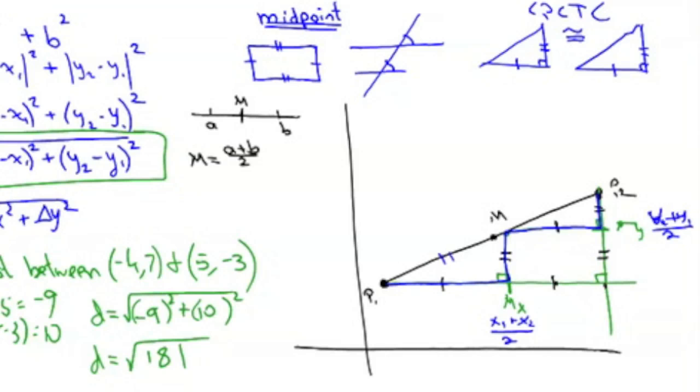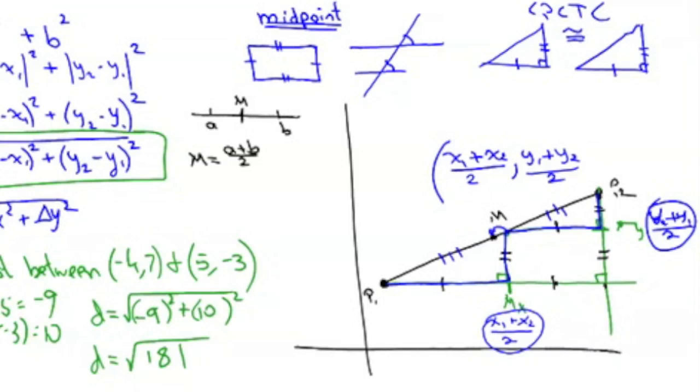Therefore, this side is equal to this side, and this point must be that one. So to find the coordinate of M, the x-coordinate is x1 plus x2 over 2, and the y-coordinate is y1 plus y2 over 2. So M has a coordinate of (x1 plus x2 divided by 2, y1 plus y2 divided by 2).